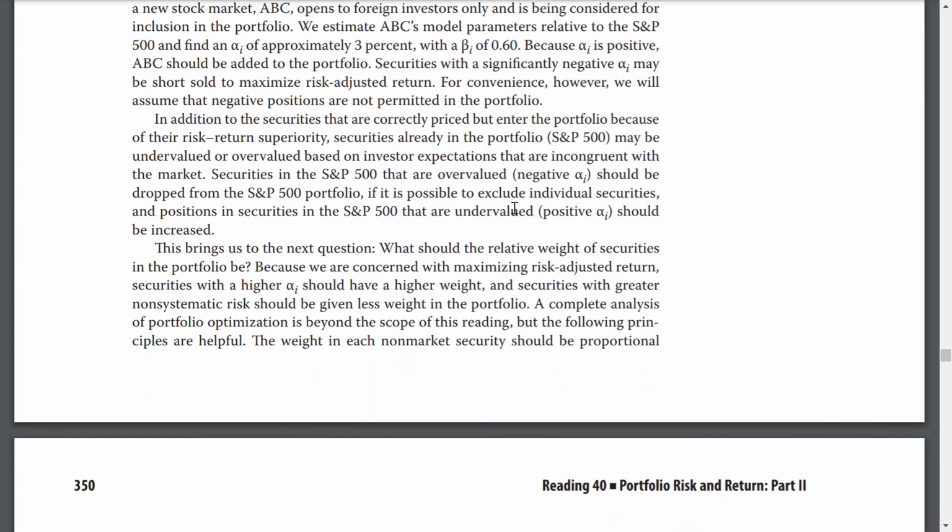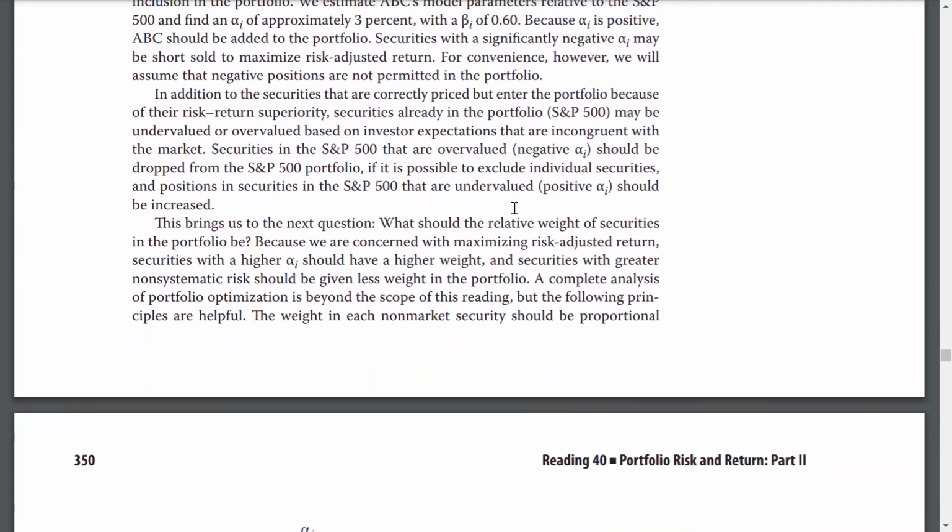Securities with a significantly negative alpha may be short sold to maximize risk-adjusted returns. For covariance, however, we will assume that negative positions are not permitted in the portfolio. In addition to the securities that are correctly priced but enter the portfolio because of their risk-return superiority, securities already in the portfolio, the S&P 500, may be undervalued or overvalued based on investors' expectations that are incongruent with the market.